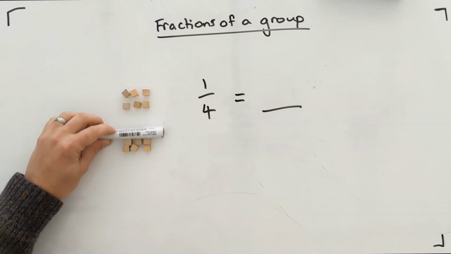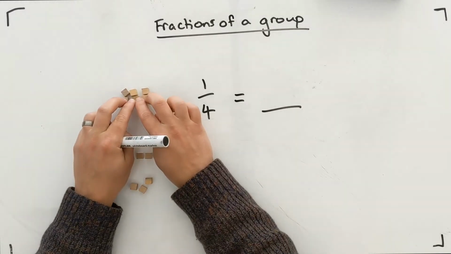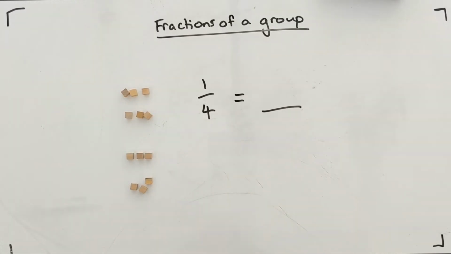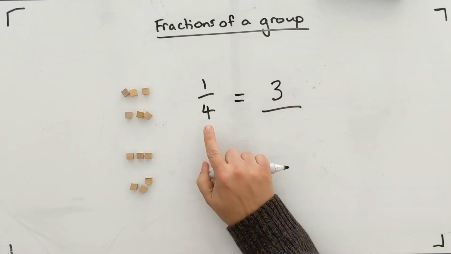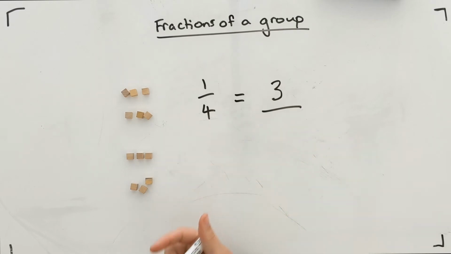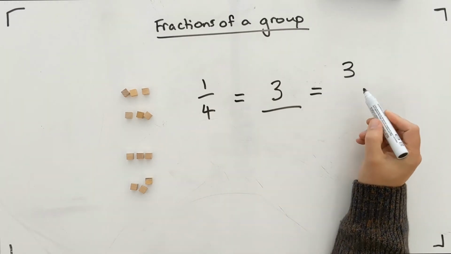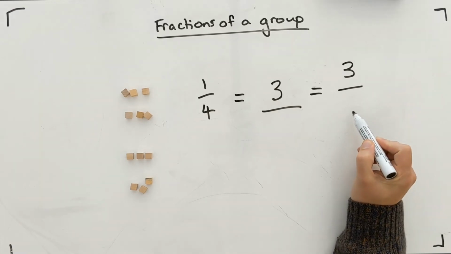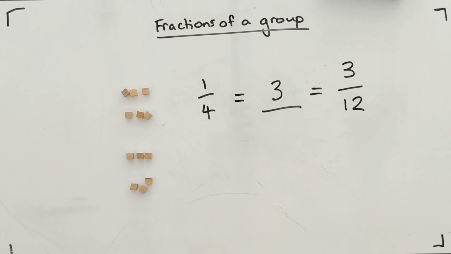I could split it into half, and then I could split each of those halves again to find my 1, 2, 3, 4 equal groups. Each of those groups I can see has 3 centicubes in there, so I know that 1/4 of the centicubes is 3. I could also write that as 3 over how many centicubes total? We counted 12.